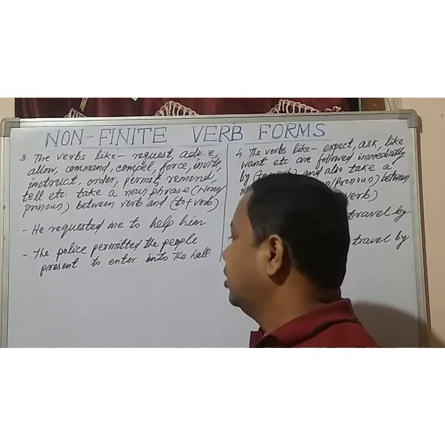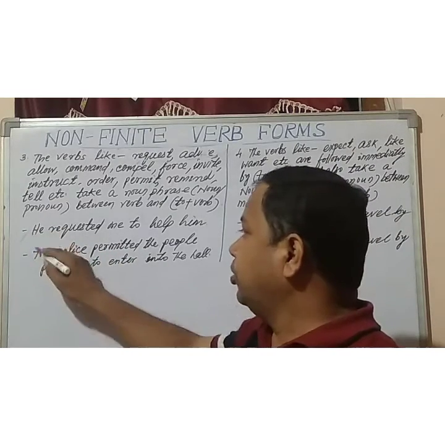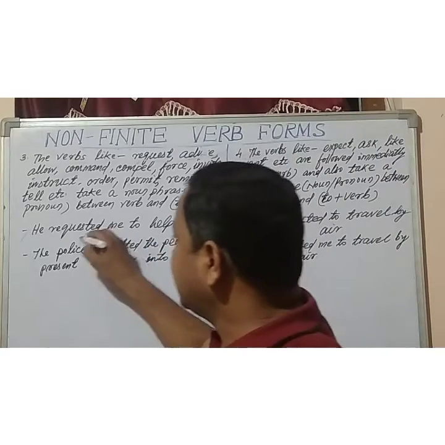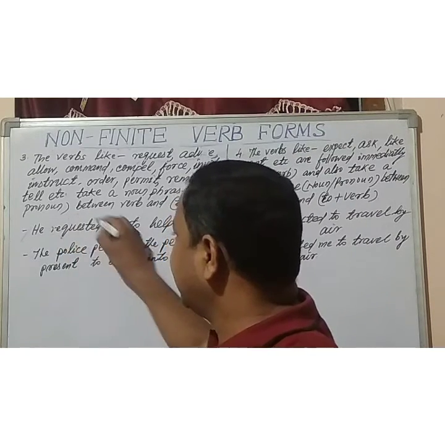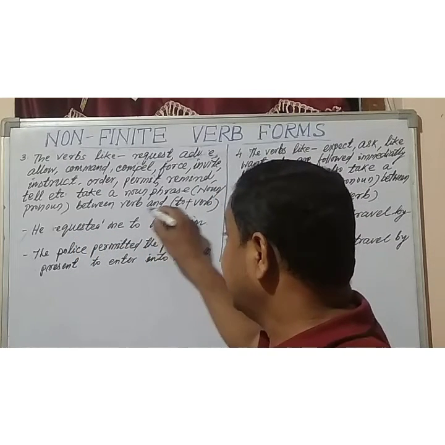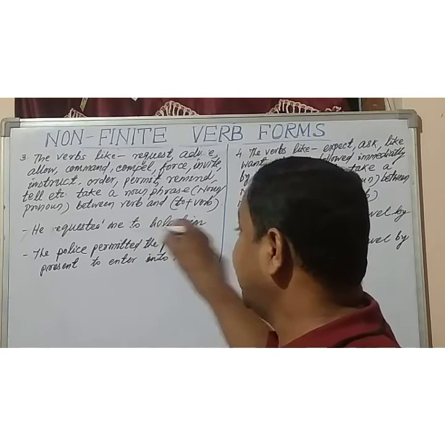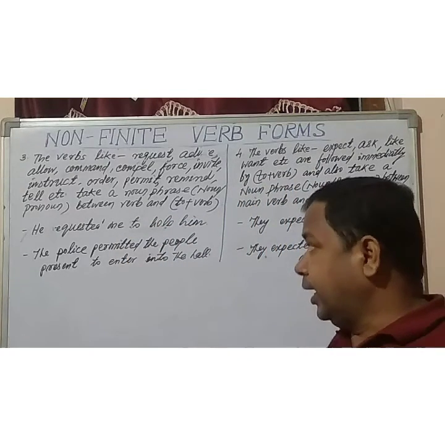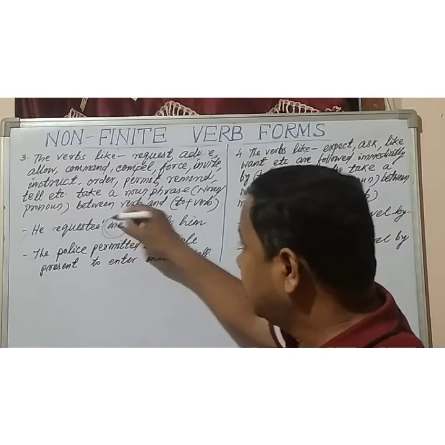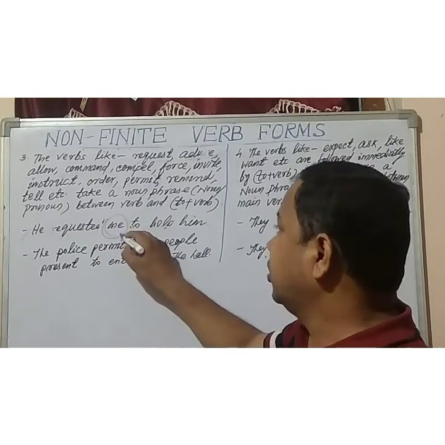These are the verbs, and we see here example. He requested me to help him. Here requested is the main verb, that is finite verb, and another is help, to help, it is non-finite verb, okay, and between them this is your pronoun. What we say, your noun phrase, noun or pronoun, it is here.